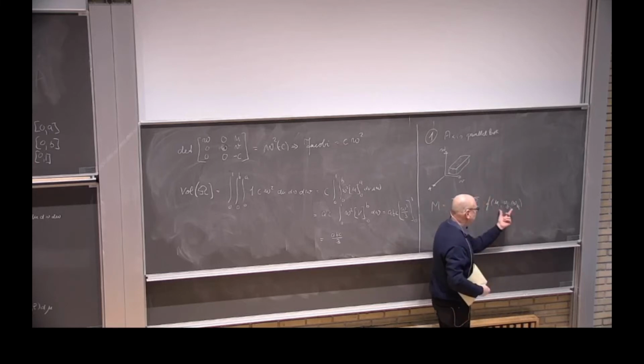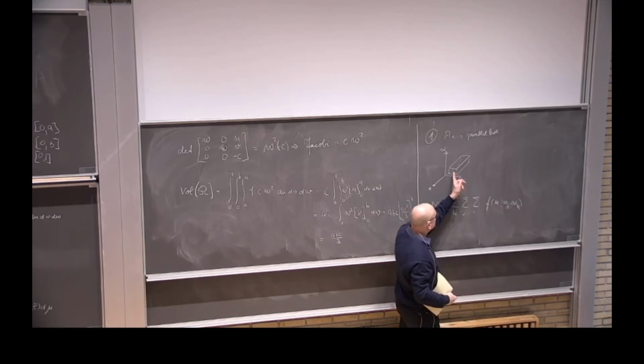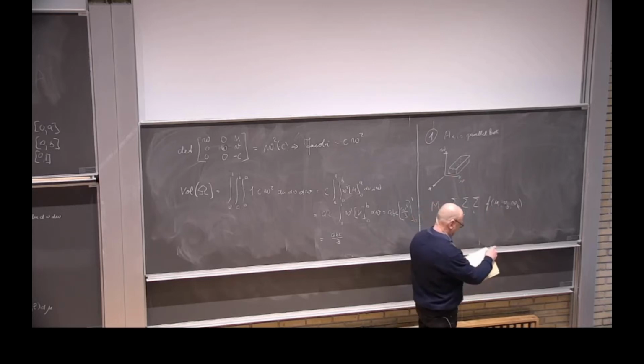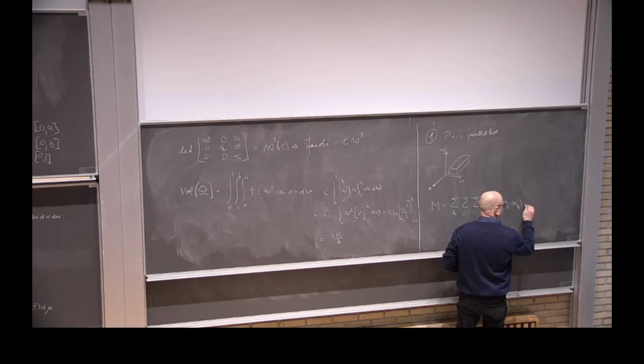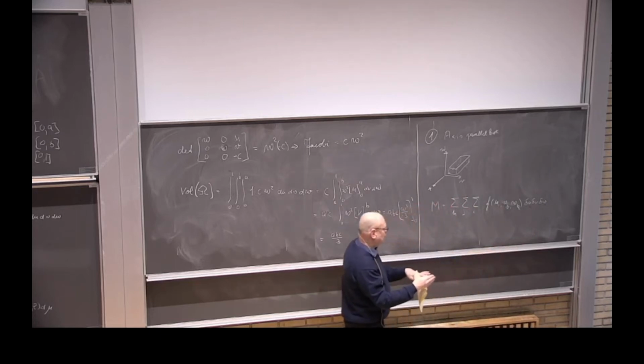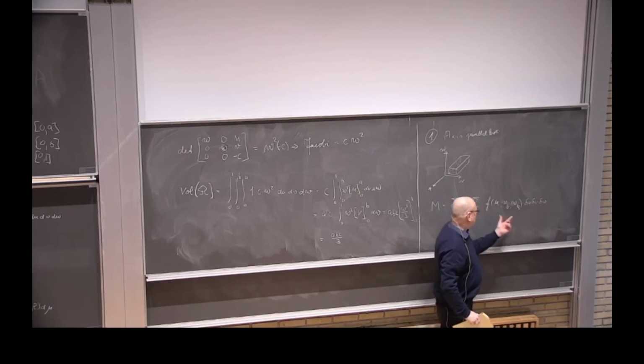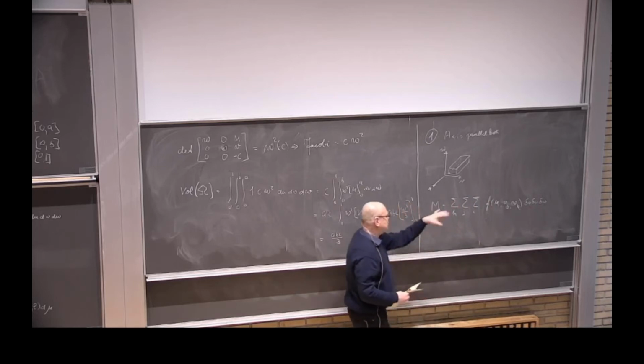And this is in all these points that I have divided this into. And then I multiply by the length of the interval in the u direction, the length of the interval in the v direction, and the length of the interval in the w direction. And this is in fact the volume of this small box here, and multiplied by this, it's an approximation of the mass. And then I sum it all.